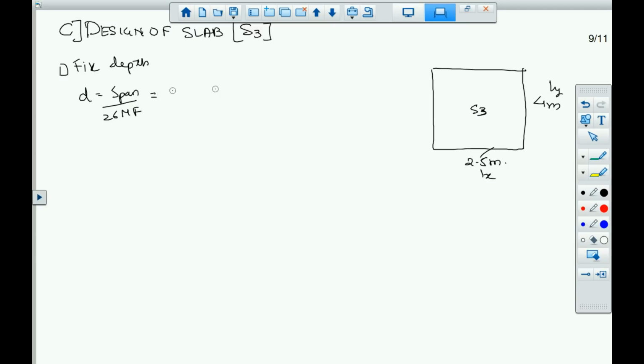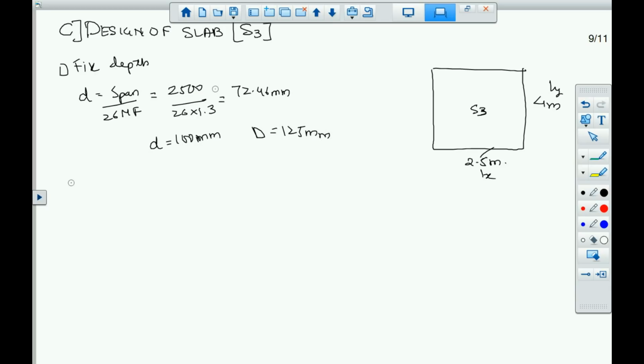The smaller span is 2500 upon 26 into, we'll take the same mf, that is 1.3, which was for S1, and that will be 72.46 mm. We'll take d as 100 mm and overall depth as 125 mm.